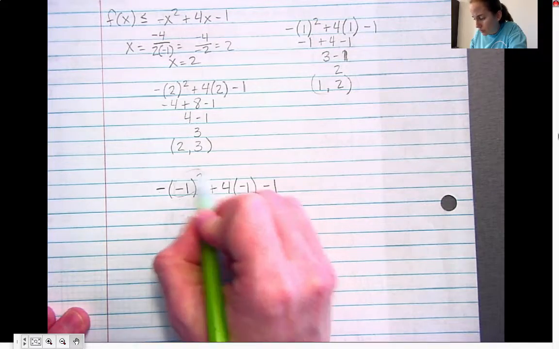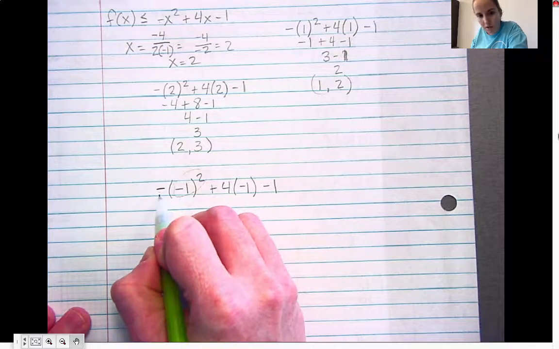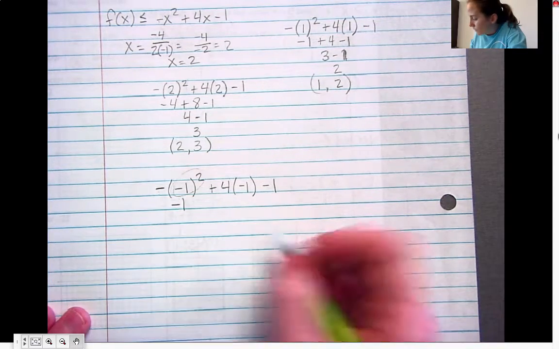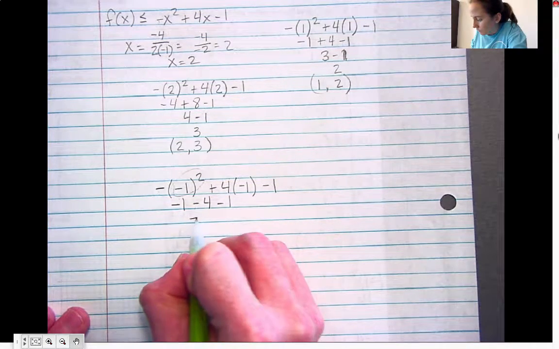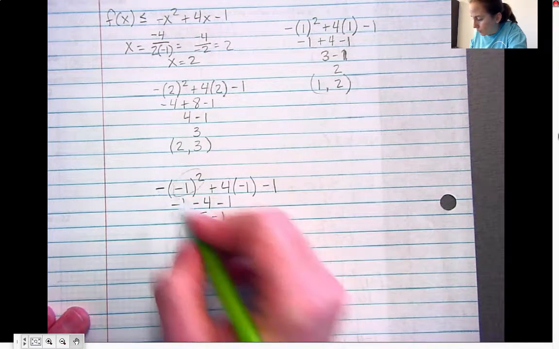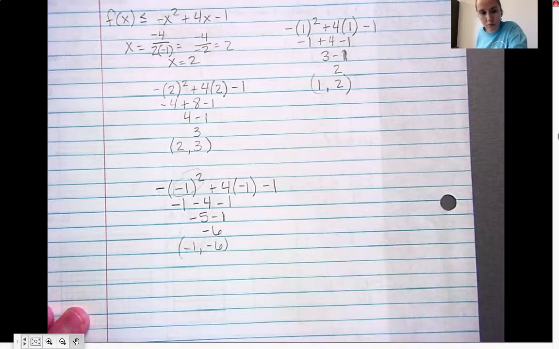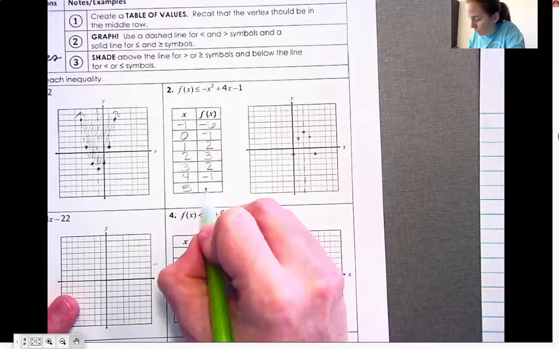I still have to do my exponents first. So this is going to be 1, which will turn this into negative 1. This will turn it into negative 1. Minus 4 minus 1. Okay, so this will be negative 5 minus 1, which is negative 6. So when I plugged in negative 1, I got negative 6. So my point is at negative 1, negative 6, which also means the 5 should be at negative 6.